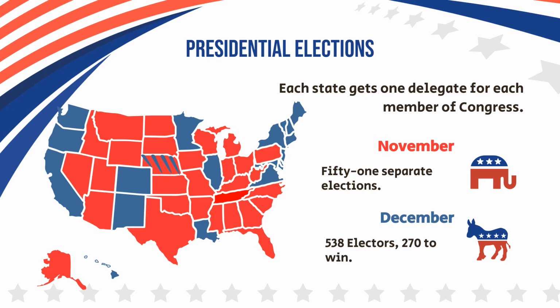These are electors who vote against their party's candidate, against the candidate who won the popular vote in their state. And theoretically, technically, it is possible that if enough electors defected, they could change the outcome of the election.